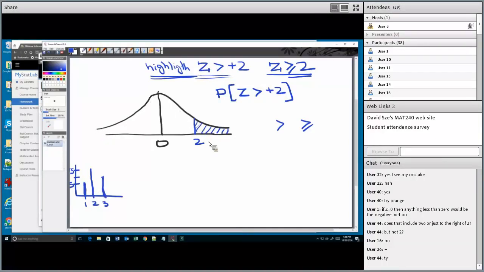So if I say z greater than 2 in this discrete case, it literally means greater than 2. 2 is not included, so only 3. Okay, so this is the difference. But to answer your question, for a normal distribution, they mean the same thing. So whenever you get questions that have greater than or equal to, or that just have greater than, don't be confused by that. Okay.